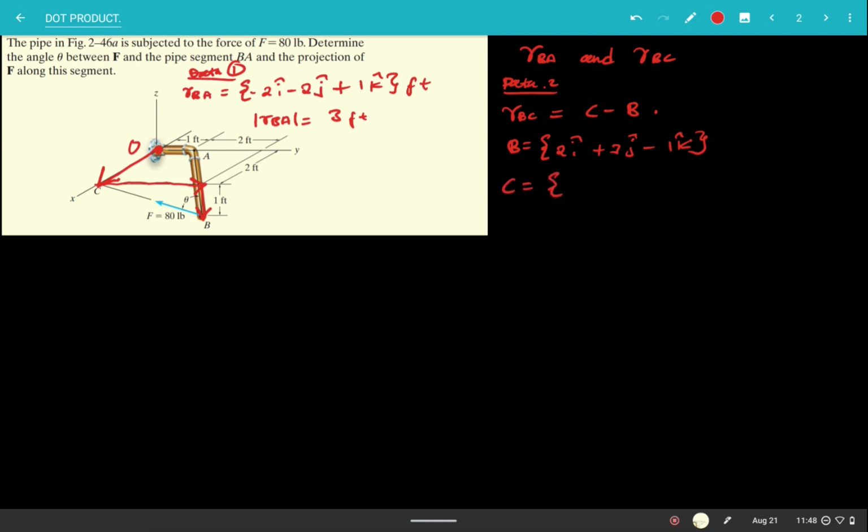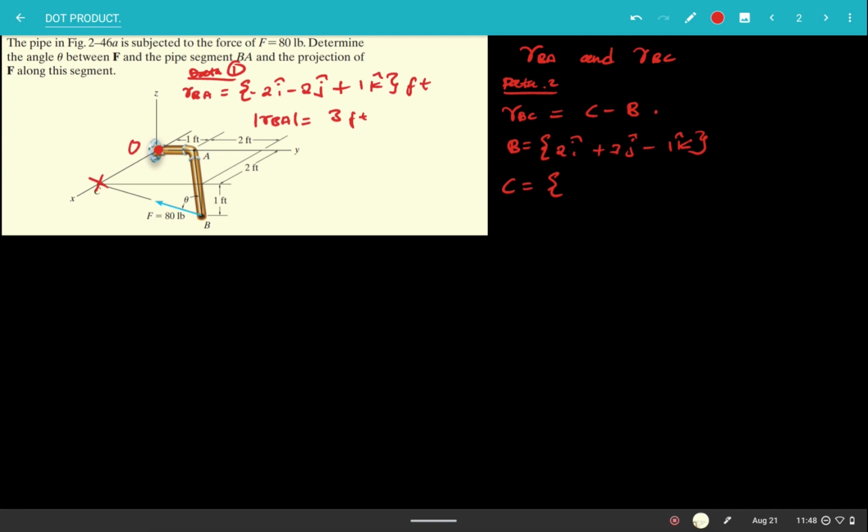Now to find the position at C, I want you to look closely. Now from the origin, which is O, C is acting only in the X there, which implies that we'll only have one position, and that position will be in the X. Any point that acts along either the X, Y, or Z will only have one position, and that position will be its position in that particular axis.